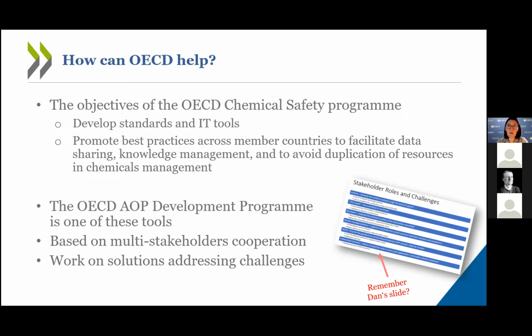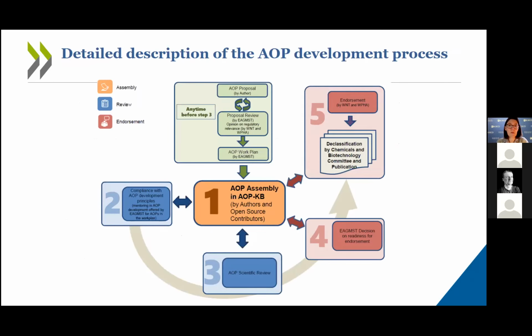But before I go further, I will provide a general overview of the AOP development process, which includes 3 main steps: the assembly, the review, and the endorsement. The assembly of an AOP corresponds to the scientific information being put together by scientists in a platform dedicated to AOP development, the AOP Wiki.